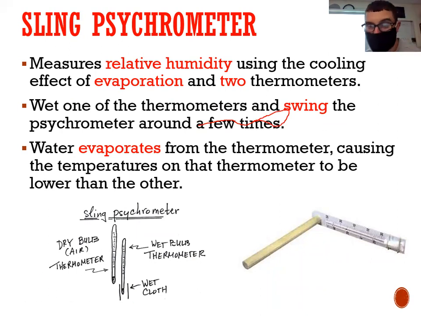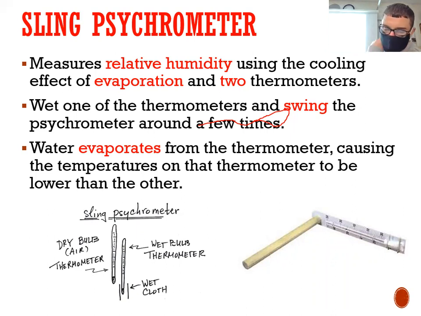Okay. So what is a sling psychrometer? It's like a stick that has 2 thermometers on it. One is going to be a wet thermometer. One's going to be a dry thermometer. And with these thermometers, what you're going to see is that the one that's wet is going to cool down the other thermometer a lot faster because of evaporation, cooling things down.